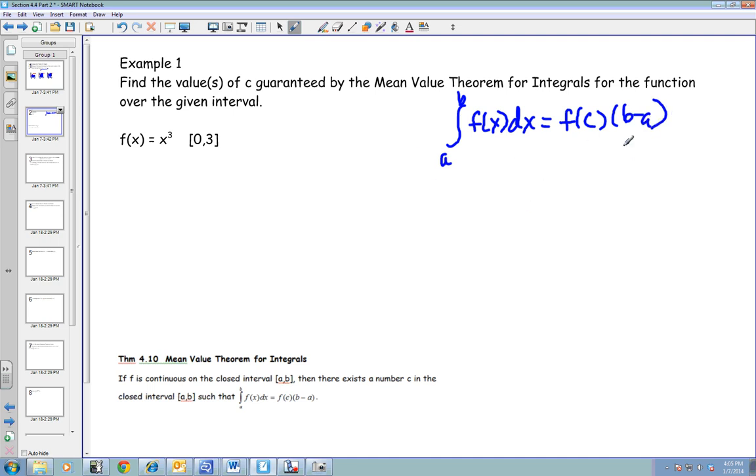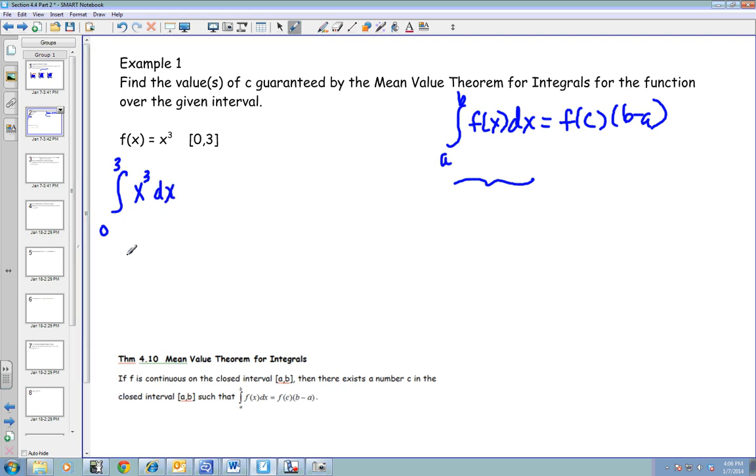When you see something like this, you need to figure out what they want you to do. This left-hand side just tells me to find the integral from a to b of my function. Here's my function, here are my upper and lower limits. So I'm going to find this left-hand side first. I have the integral from 0 to 3 of x cubed dx.